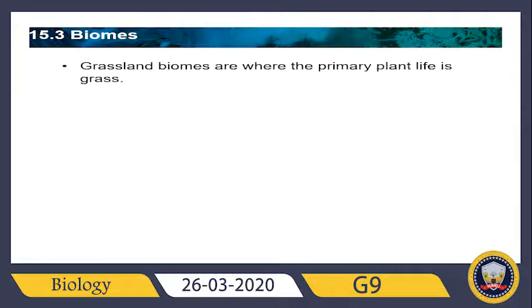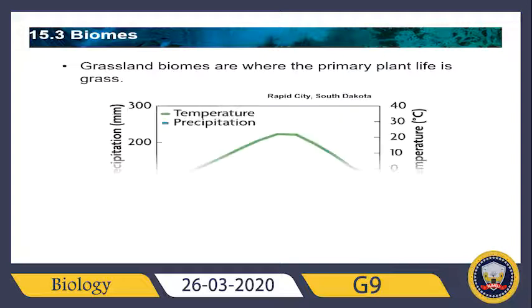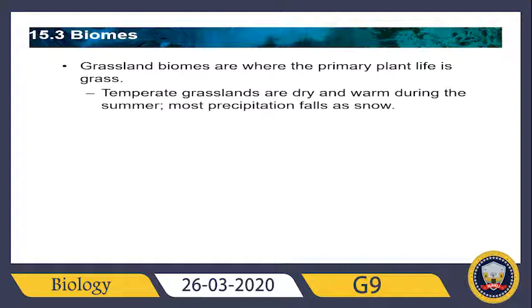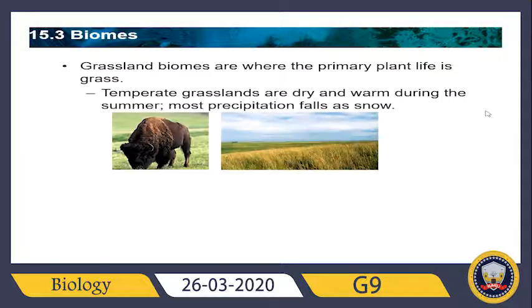Now, the next one. Grassland biomes are where the primary plant life is grass. Let's take a look. Temperate grasslands are dry and warm during the summer. Most precipitation falls as snow, like the grasslands near the Rocky Mountains.